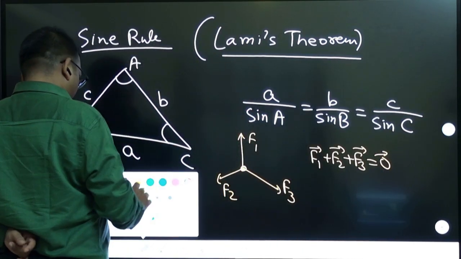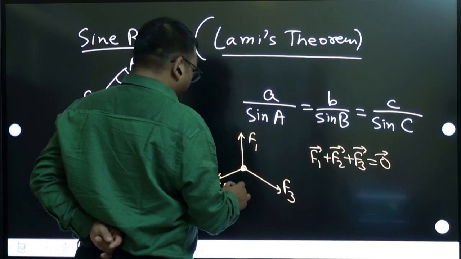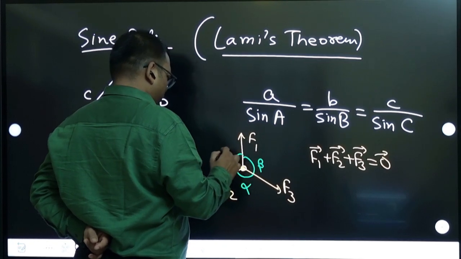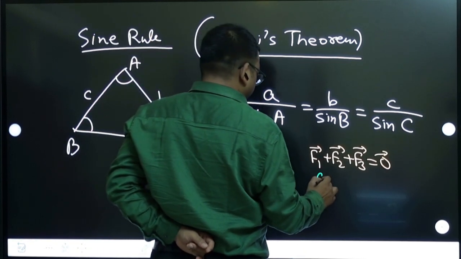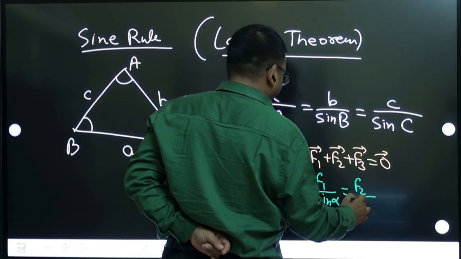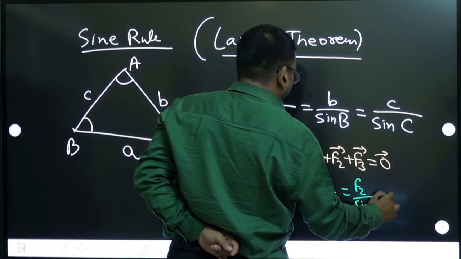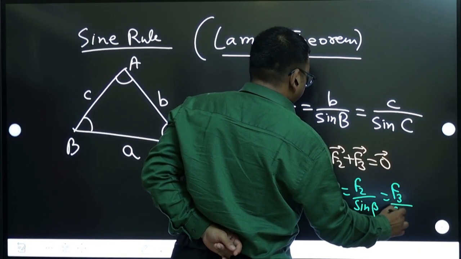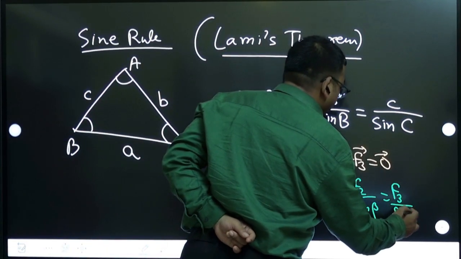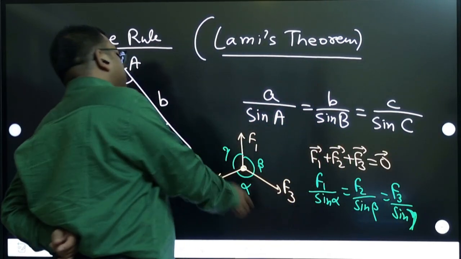So we apply Lami's rule because opposite of F1 is alpha, opposite is beta, this is gamma. So we say that F1 by sine alpha, F2 by sine beta, and F3 by sine gamma, these ratios are equal. Now you will say how this is related.